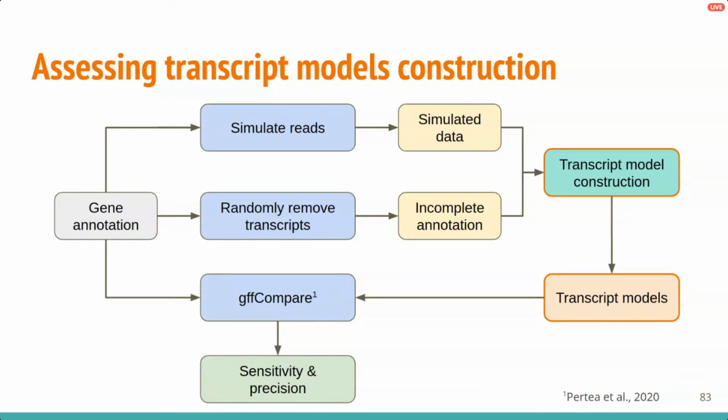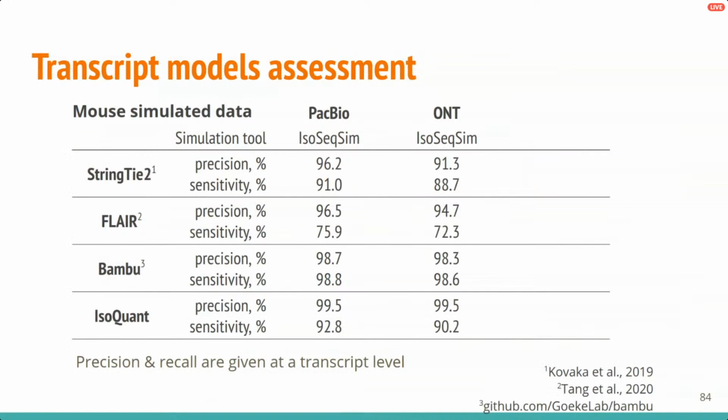They all output GFF files, and we used GFF compare to make a comparison of what the tools produced against the original annotation and see how well they can reconstruct transcripts which were thrown away from the annotation but were present in the simulated reads. And of course, GFF compare allows us to calculate sensitivity and precision as well. We did this for PacBio reads with low error rate.